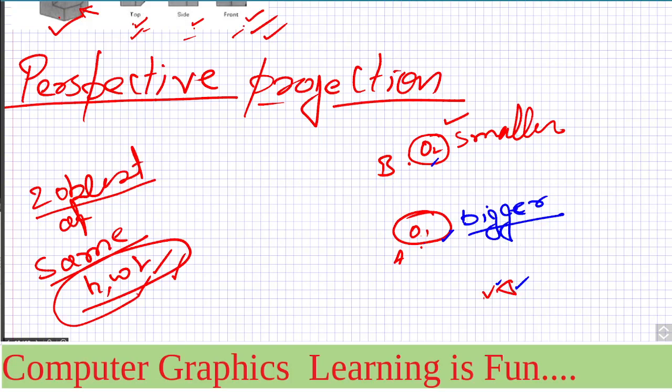So we already know that the camera is giving us the reference coordinate, that from here how far it is and how far the other objects are. Those objects which are far, they should look smaller. The object which is nearer, they should look bigger. So these are the few things that we have to understand, and this is possible with perspective projection.